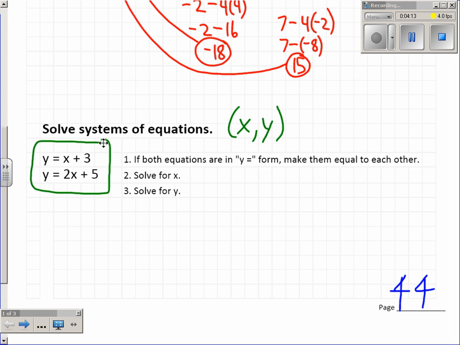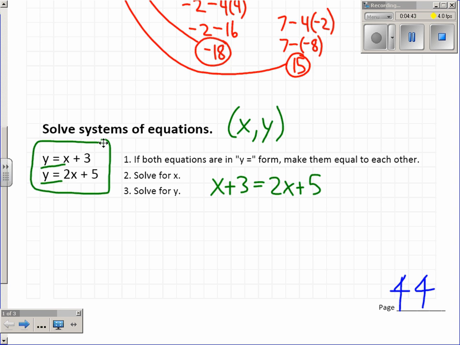And the way that we go about that, and here we have step one listed, is that if both equations are in y equals form, then we make them equal to each other. And the reason we do that is that they're both equal to y. So if they're both equal to y, they're equal to each other. So we're going to put x plus 3 equals 2x plus 5.